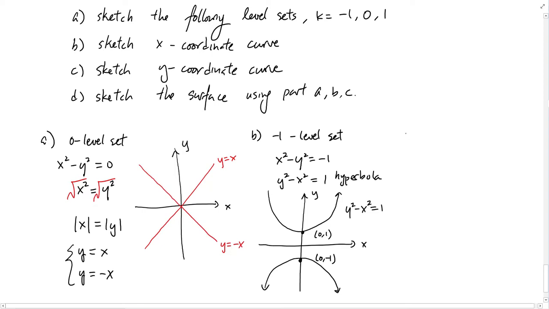Now we can do the next one. So that would be the 1 level set. All right. So the 1 level set would be where x squared minus y squared equals 1. So that is also a hyperbola. But this hyperbola opens left and right.